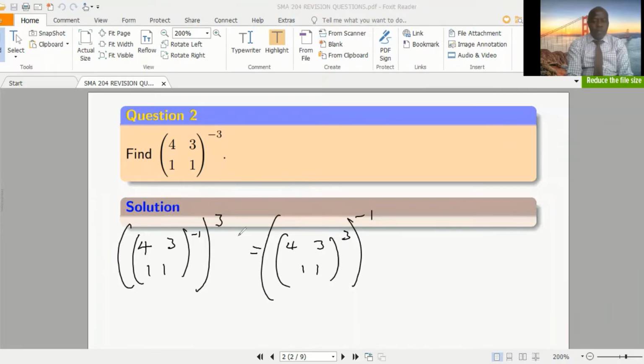These are the two ways you can do this question. First, we may find the inverse of this matrix and then raise that inverse to 3. Or we may find the cube of this matrix and then get the inverse of the resulting answer. I want to use the first option.